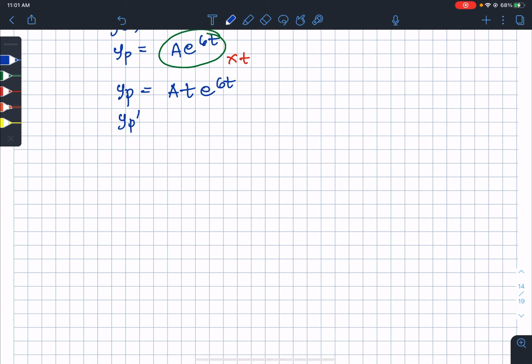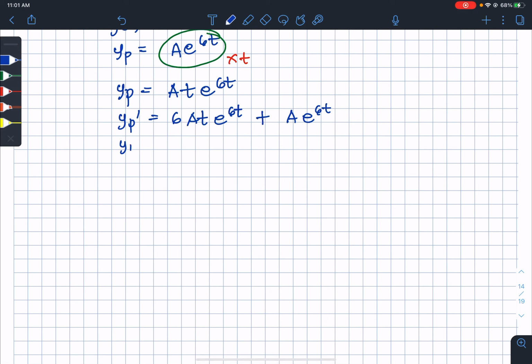So yp prime then will be u is at, then e^(6t), derivative of 6t is 6, then plus a e^(6t), and derivative of t is just 1. So at e^(6t) times 6, then copy e^(6t), derivative of at is just a.